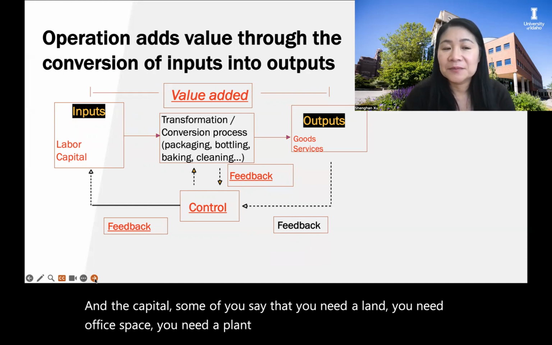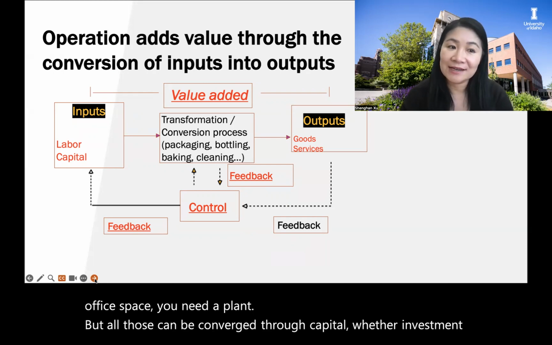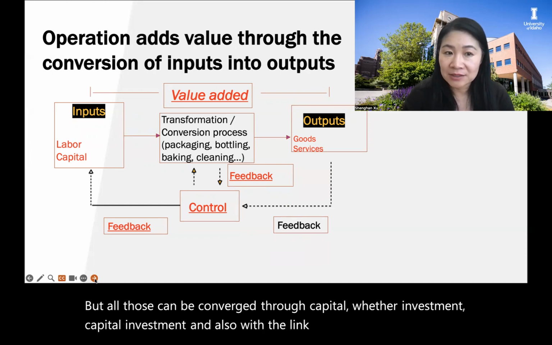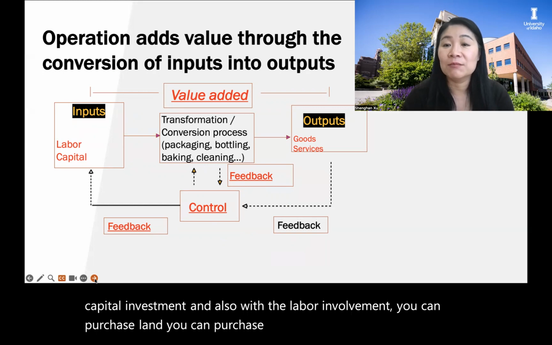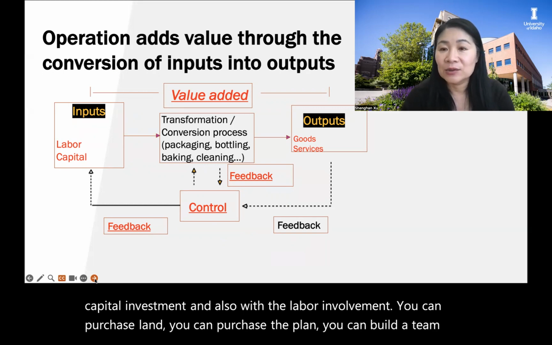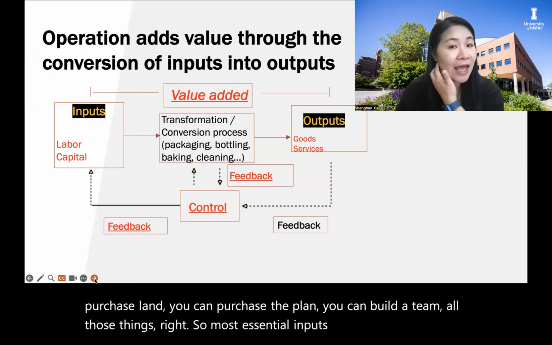But all those can be converted through capital. With capital investment and labor involvement, you can purchase land, you can purchase the plant, you can build a team, all those things, right? So the most essential inputs are actually just labor and capital.